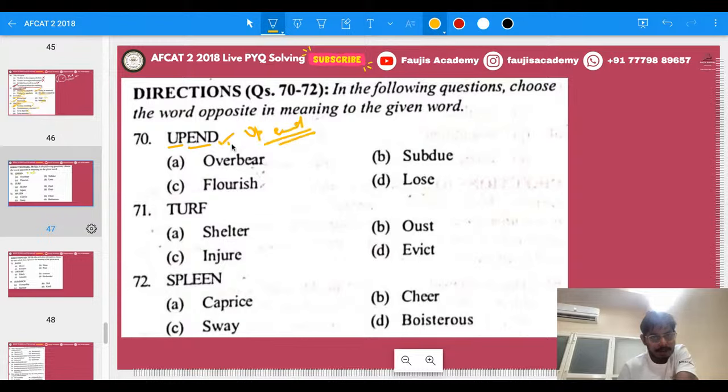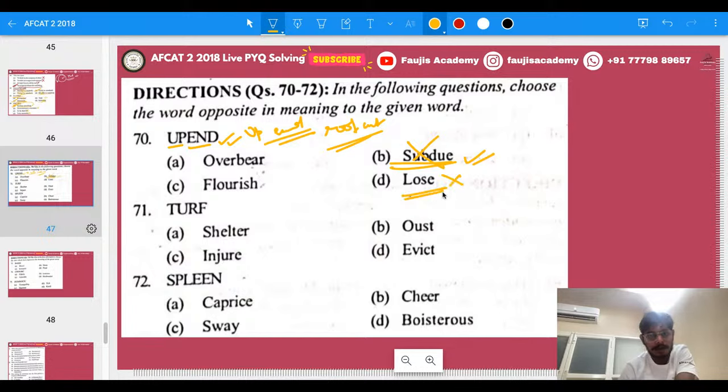The meaning of upend is to root out, to subdue. Something the growth of which is being hindered is called upend. In Hindi we call it ukhad ke phekna. Like the crop is there, you upend the crop from the ground. So that's a negative word. Subdue is the meaning of it.